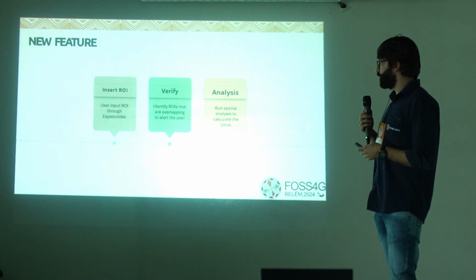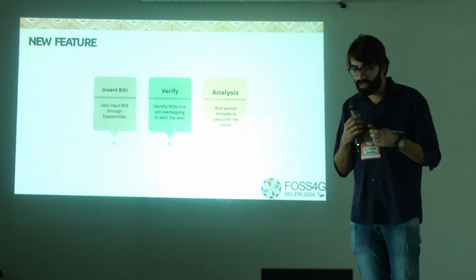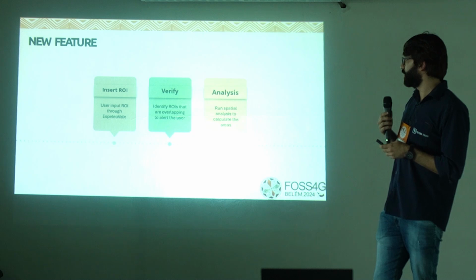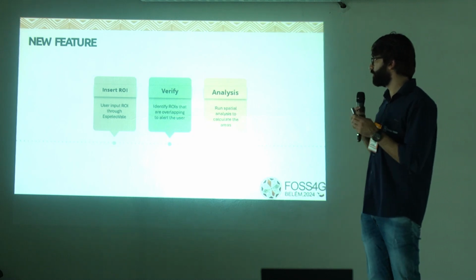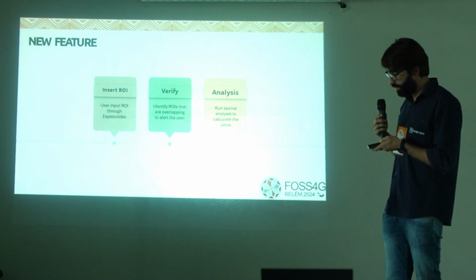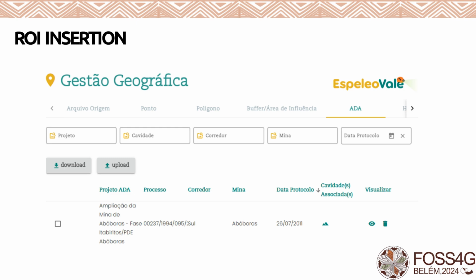It's just a verification step, and when the verification is done, we have the analysis. The analysis is run by a trigger in the database, and it's pretty simple as well. It's just a bunch of spatial functions running intersection, union, difference, and I'm going to talk a little bit about this. So the insertion occurs in the SpeleoVale system.